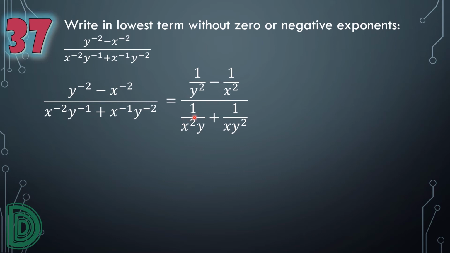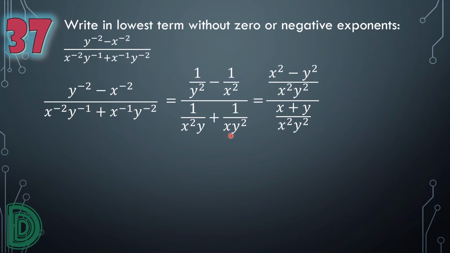Combining terms separately in the numerator and the denominator, we will have x squared y squared as the LCD in the numerator. So we have x squared y squared divided by y squared is x squared times 1, x squared, minus the LCD divided by x squared is y squared times 1, that's y squared. Same in the denominator, the LCD is x squared y squared, so divide by x squared y, that is y.